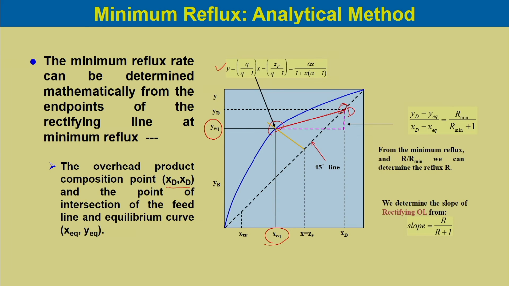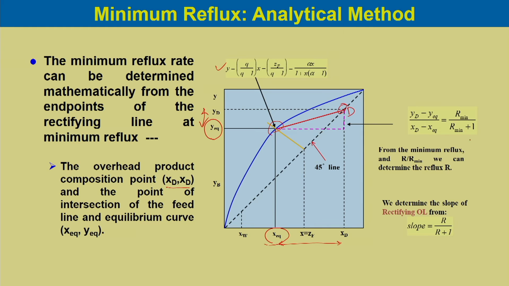Now if we want to calculate the slope of this line at this intersection point, it would be yd minus y equilibrium divided by xd minus x equilibrium. So, this is basically Rmin divided by Rmin plus 1.